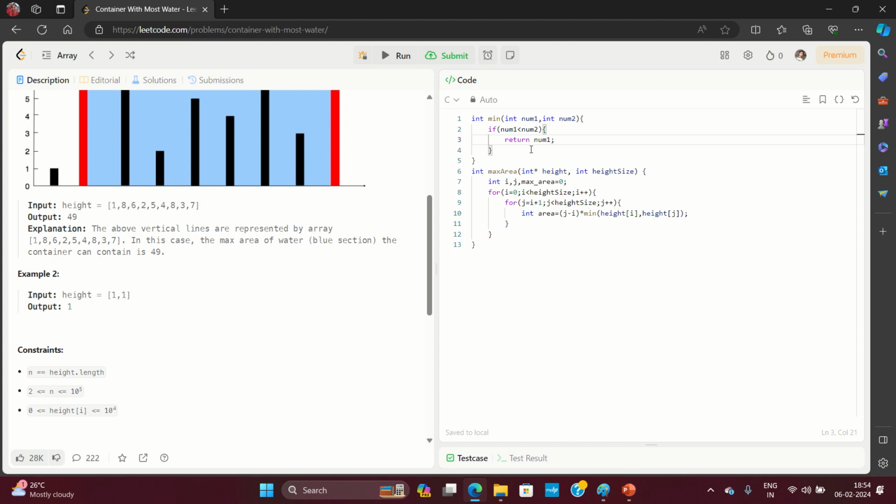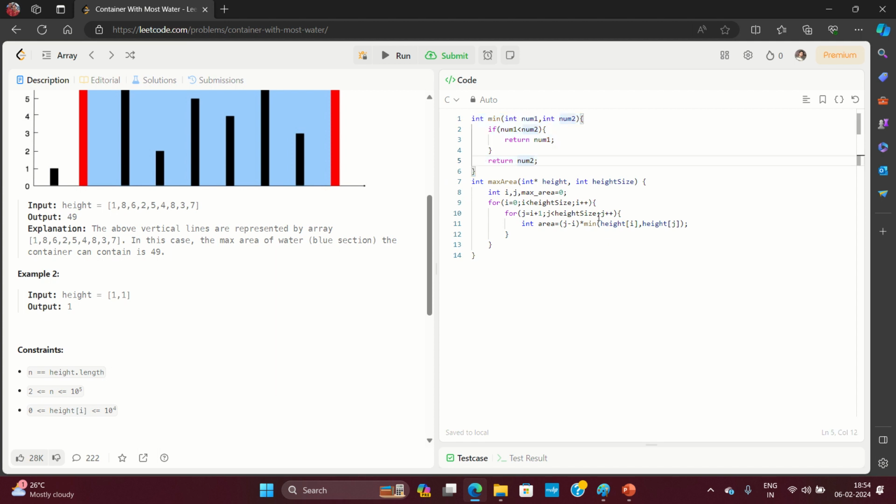Otherwise it will return num2. In other programming languages, you also have library functions for finding the minimum of two numbers. You can use those, otherwise you can write a function like this.